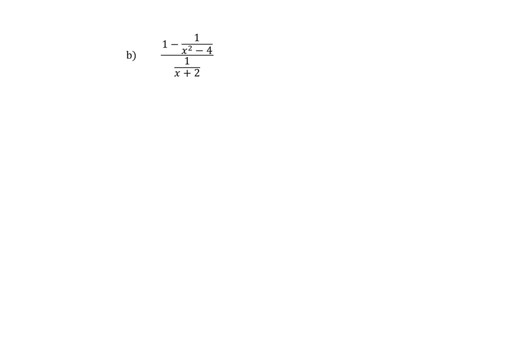I'm going to rewrite this 1 as 1 over 1, minus 1 over the x squared minus 4, a difference of squares, which is x plus 2 times x minus 2. All of this is over 1 over x plus 2.